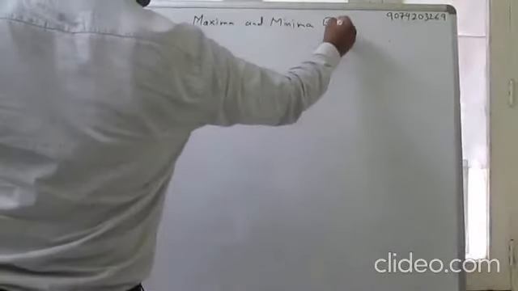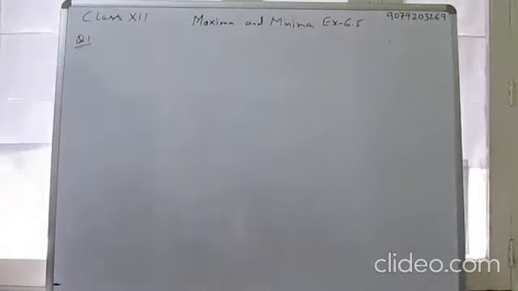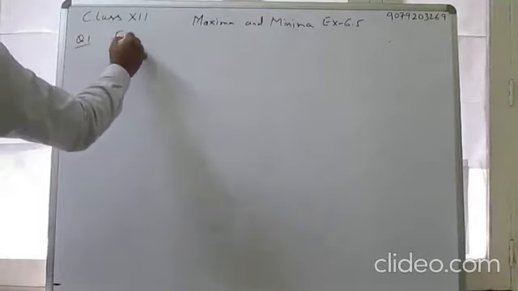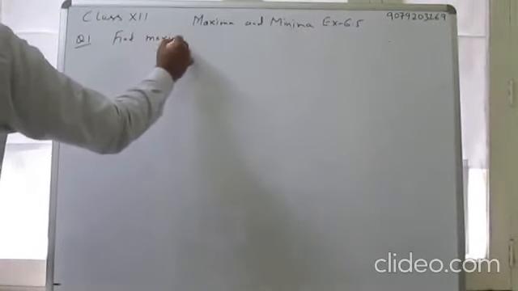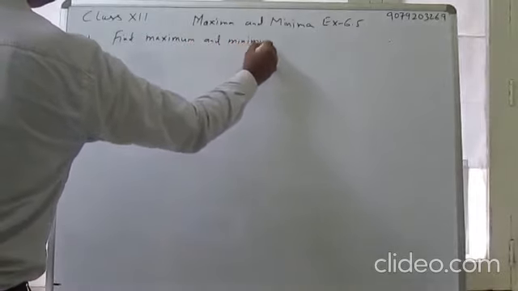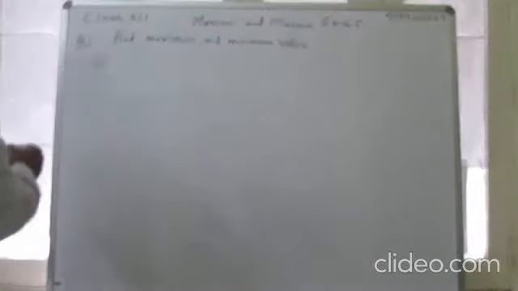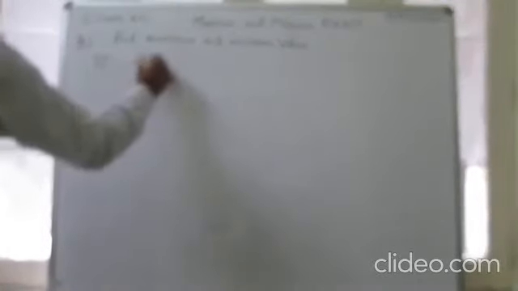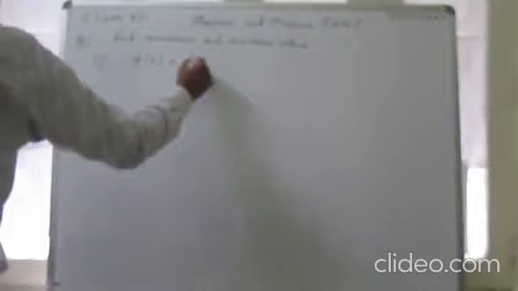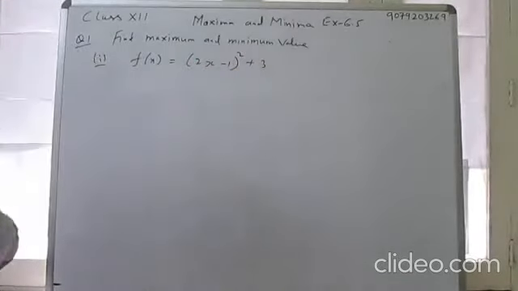Exercise 6.5, Question 1. See the first part. Find the maximum and minimum value, if any, of the following function. First part, f(x) is given to you: (2x minus 1) whole square plus 3.